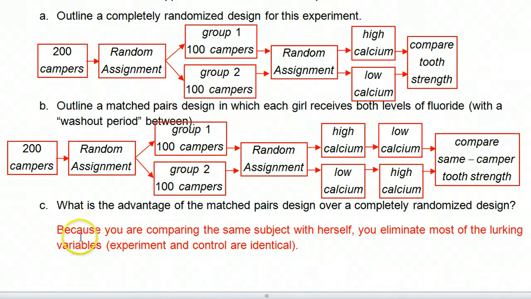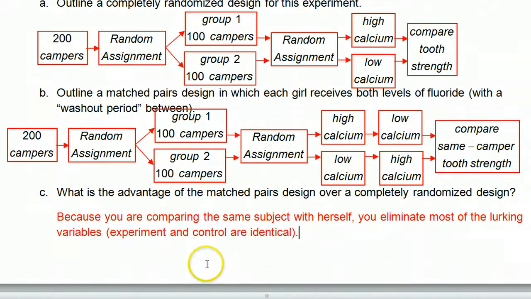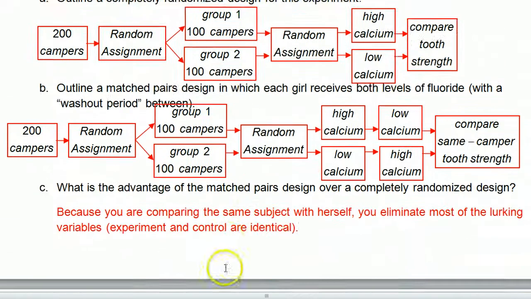Here I'm just writing that down. Because you're comparing the same subject with herself, you eliminate most of the lurking variables. We always want the experiment group and the control group to be as similar as possible. When they're the same person, the experiment and the control are identical. So that's the advantage.